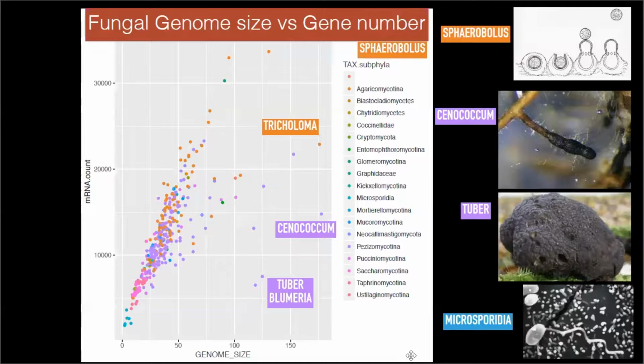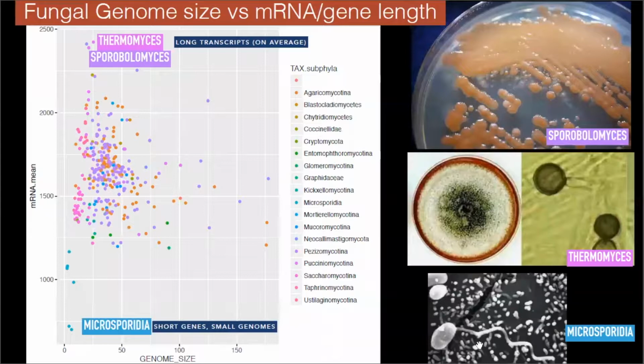And hopefully on the next page, we can also look at another dynamic of genome size and gene size. So for example, some of the organisms have very small genomes. Microsporidia are these obligate intracellular parasites.